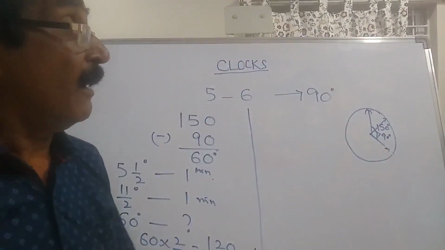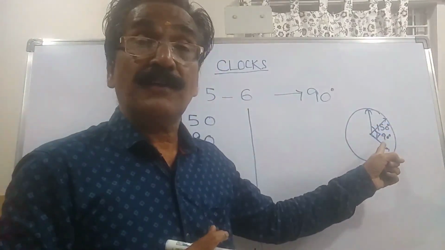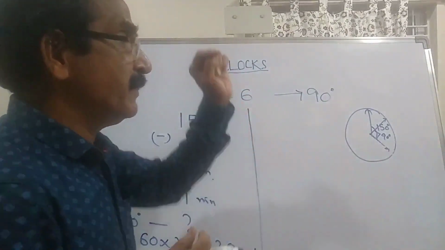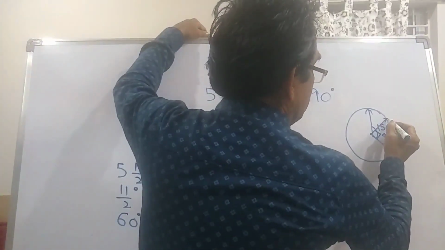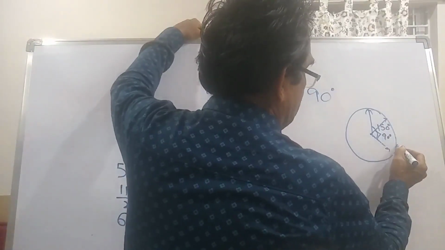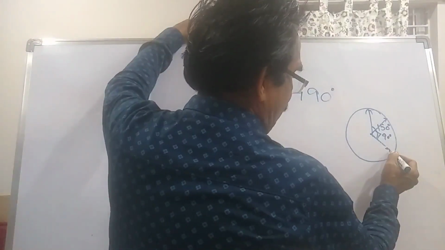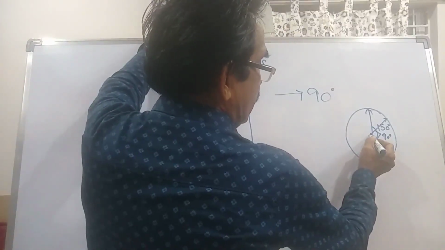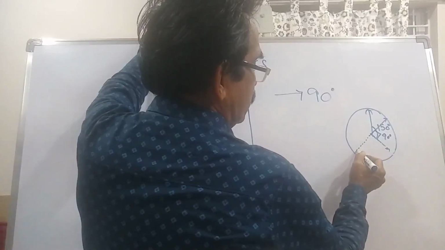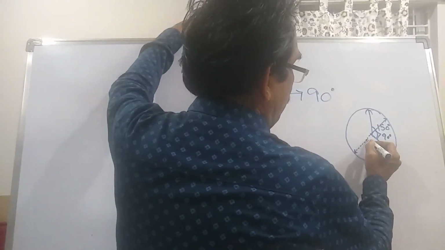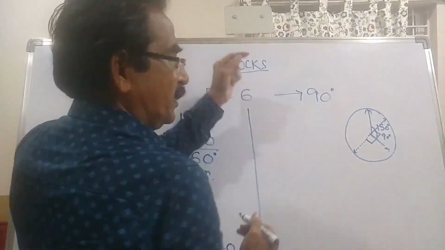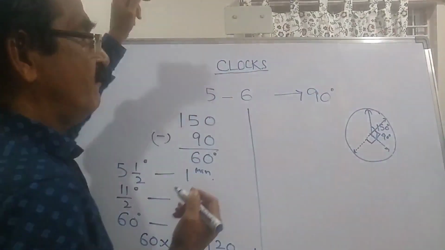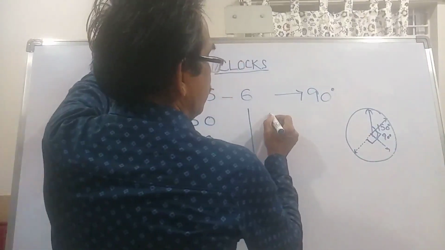Again, after the minute hand crosses the hour hand, there is a chance of forming the angle 90 degrees one more time. So for the second time we have to find it like this.